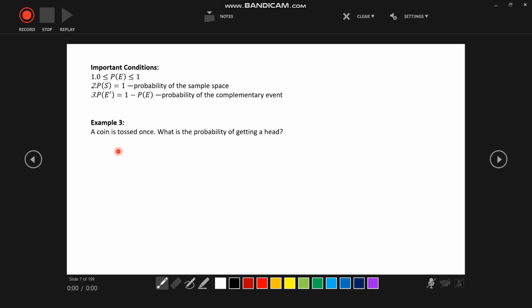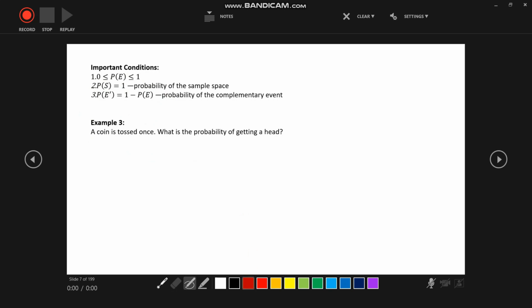Now I have another example here, which is example 3. The question says a coin is tossed once. What is the probability of getting a head? Like I told you, whenever you have a question under probability, the first thing you need to do is to determine the number of possible outcomes. Determine your sample space.